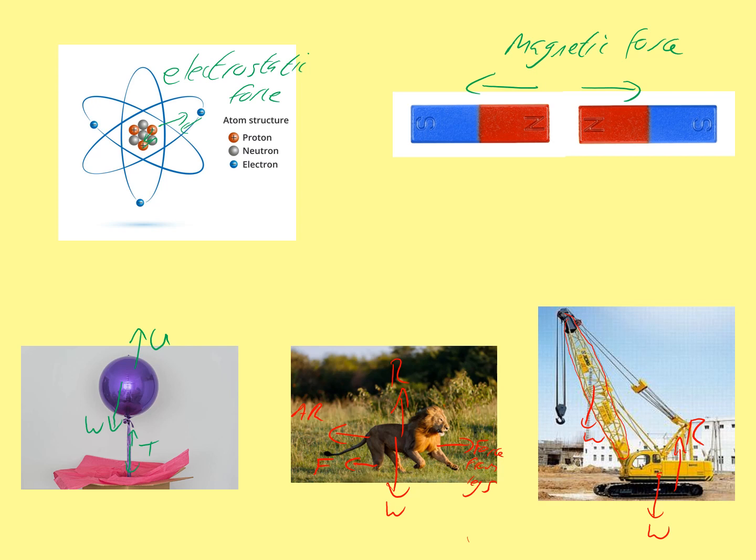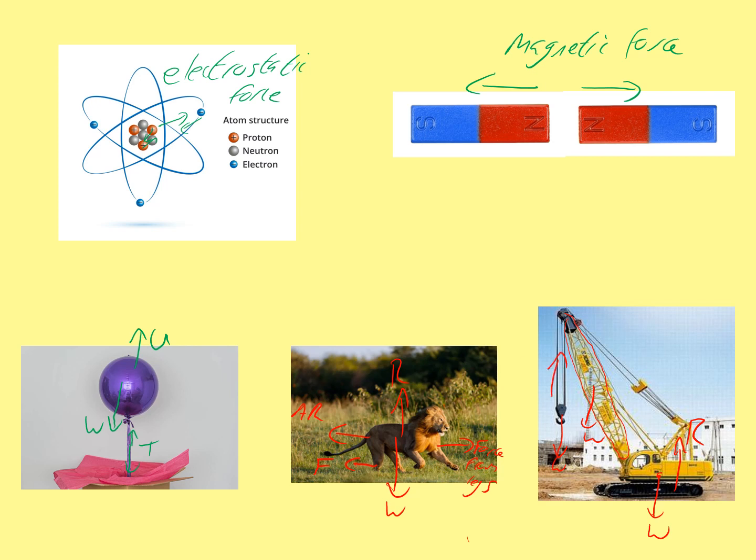There is a weight of maybe this hook on the end. That could have a weight as well. So it gets a bit tricky when you look at objects like this. We'll learn how to mix all these together later. For now, all we're doing is labeling forces and drawing the arrows.